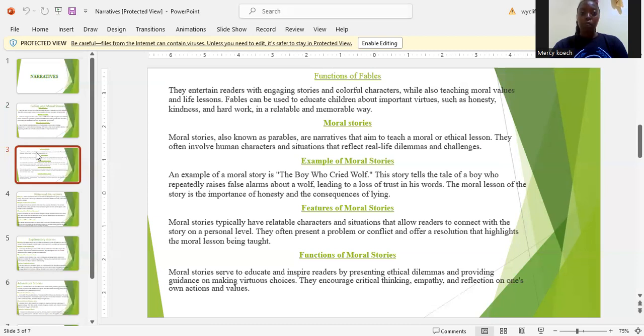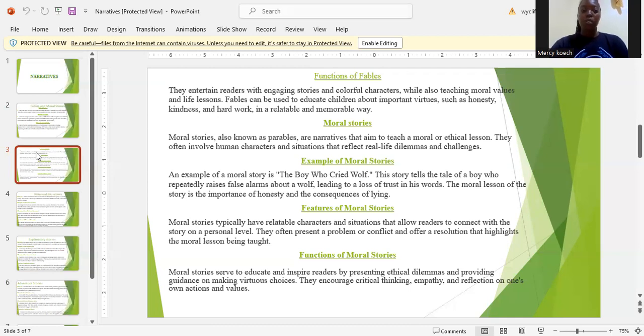An example of a moral story is The Boy Who Cried Wolf. This story tells the tale of a boy who repeatedly raises false alarms about a wolf, leading to a loss of trust in his word. The moral lesson of the story is the importance of honesty and the consequences of lying.